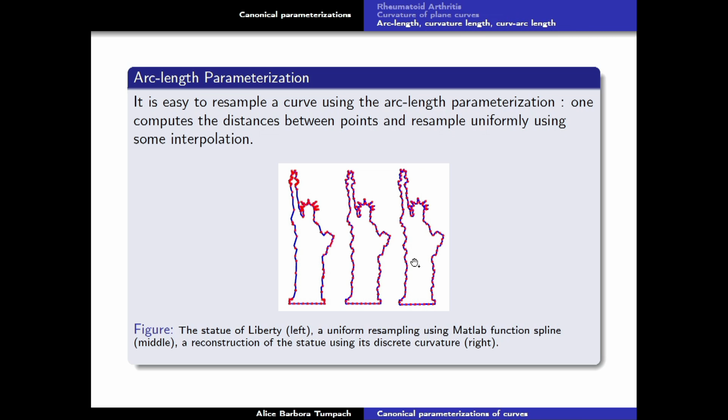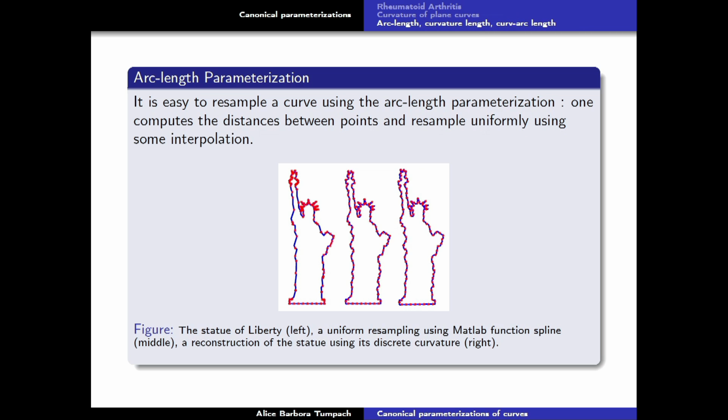Of course, you can also reconstruct the curve. That's a very important point. Just from the curvature function, if you know the length of the curve, so you know exactly how many points you have, so exactly the distance between two different samples. And the curvature function will give you the turning angle between two segments.